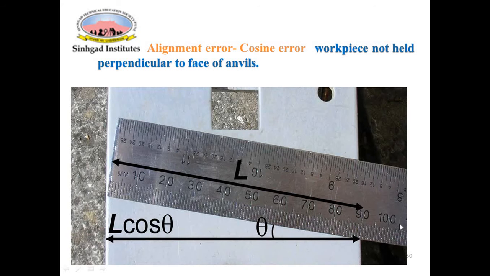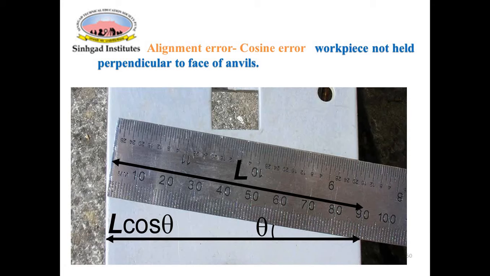Then next is called an alignment error, or sometimes it is referred to as a sine error, sometimes as a cosine error. This error is illustrated in the following figure. This error is based on Abbe's principle of alignment. Remember the term Abbe's principle.